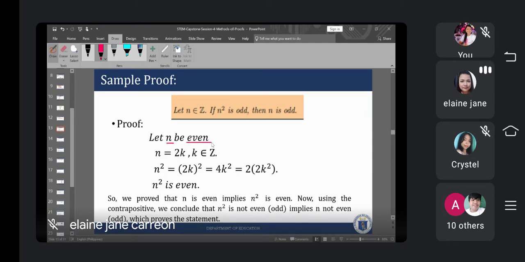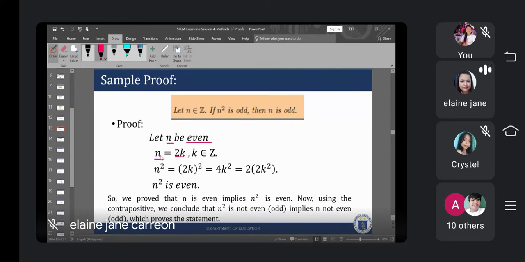We let n be even number. Okay, so if n is even, then we let n is equal to 2k. Tandaan nyo, hindi mo nawawala si k dito kasi we are proving. So, we use k, j, z, n. So, yun yung mga palaging ginagamit natin.